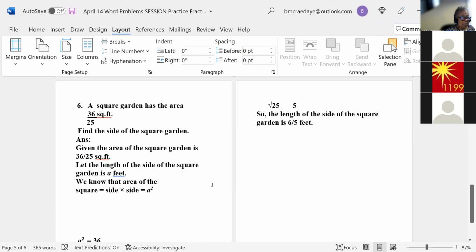And what do you know about a square? A square has 4 equal sides, right? So the area of a square is side squared.